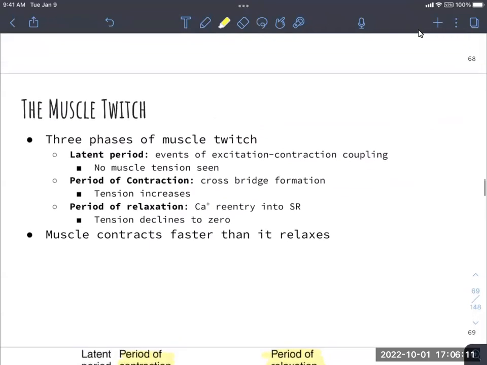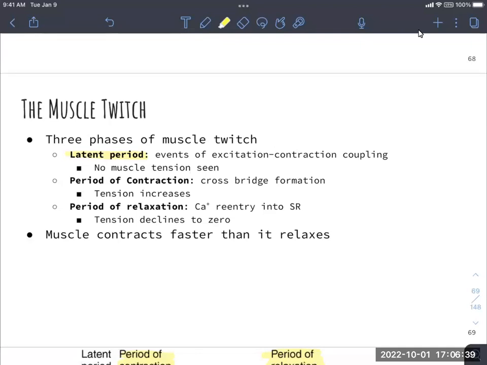Just as I said, we have a latent period. That's when the nerve impulses were sent to that muscle. We talked about in part 1 of this, that when that action potential is sent to that muscle fiber, it's not an immediate response. It takes a few milliseconds for something to happen, but that is that latent period. We don't see that muscle tension yet.